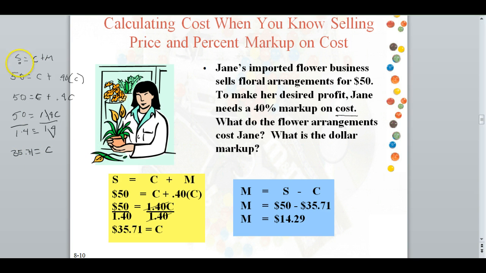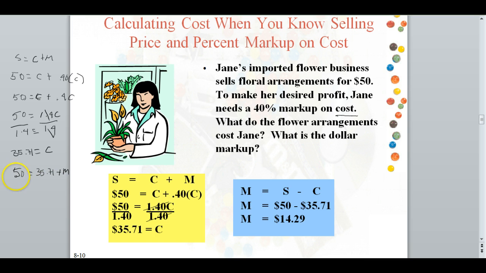So back into our formula, selling price equals cost plus markup. So selling price is 50 equals our cost plus our markup, which we don't know, we're trying to solve for.